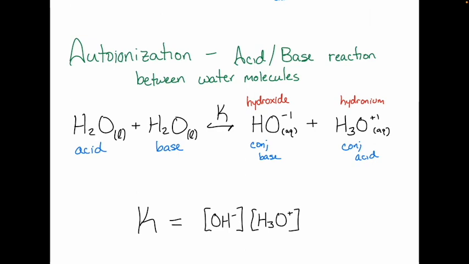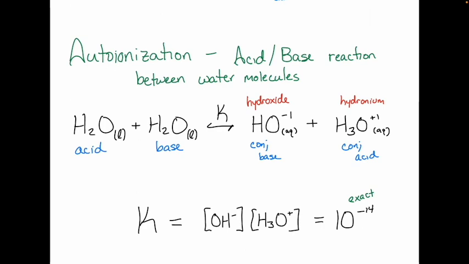And just like all reactions, we can look up what that value is for our equilibrium expression. And in this case, at room temperature, the product of these two concentrations equals 10 to the negative 14. This is going to be an important value to keep in mind here. It's a little bit of a lie, but to make our lives easier, we're going to pretend that this 10 to the negative 14 is an exact value.